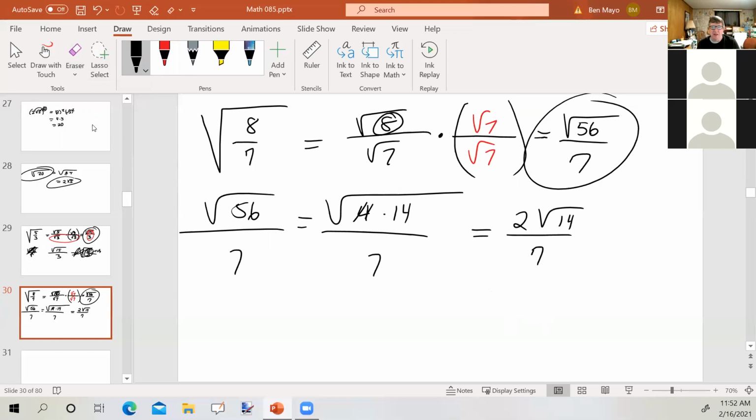So not only did I rationalize the denominator, but I also simplified the radical in the numerator as well. So that would be the final answer there. Any questions about that problem?